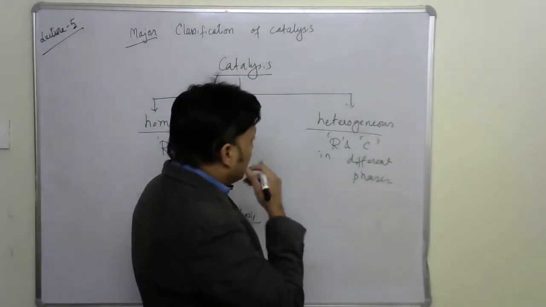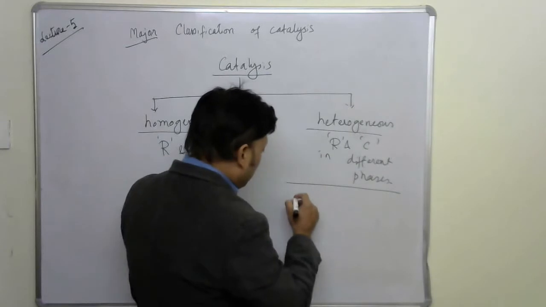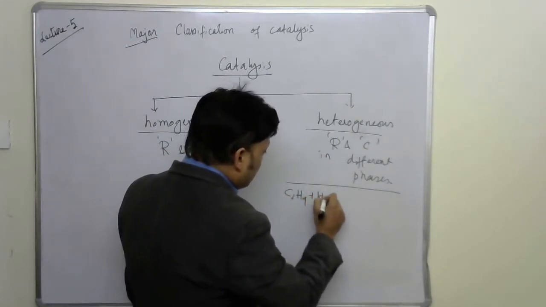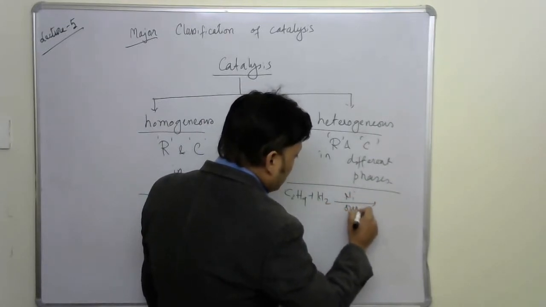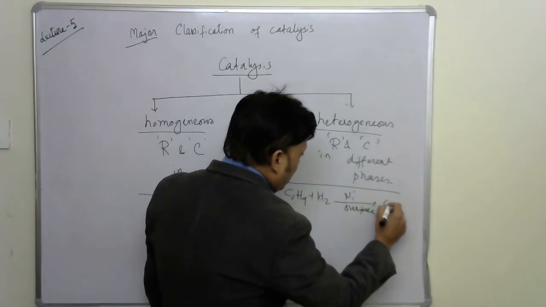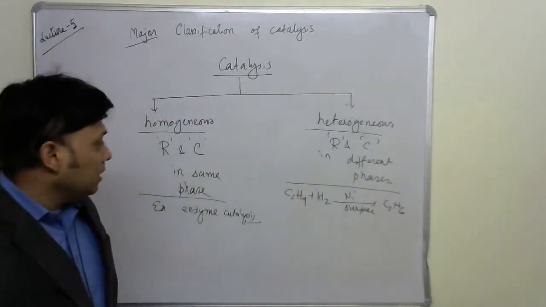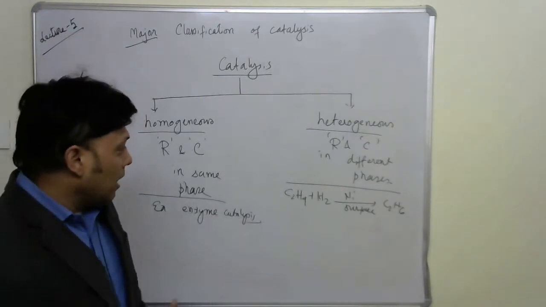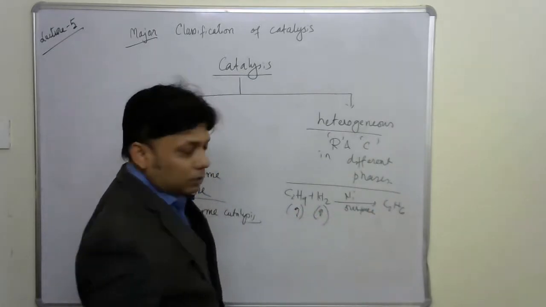And an example of heterogeneous catalysis, we can tell, is the hydrogenation of ethylene gas, okay, and it is done on the solid nickel surface to give basically C2H6. So here the nickel surface acts as a solid phase catalyst, and all these reactants are in gaseous phase, so this is heterogeneous.